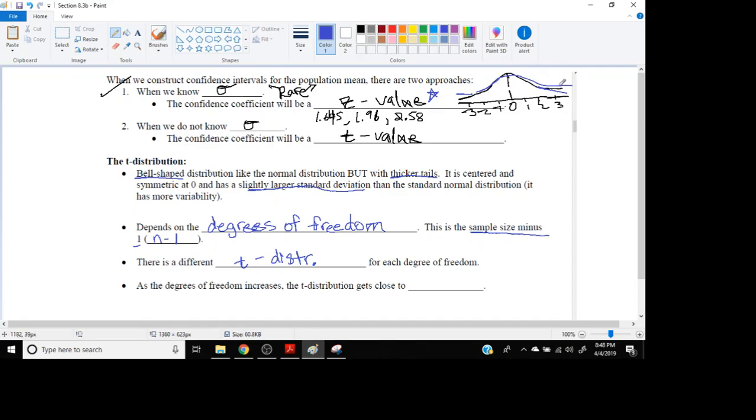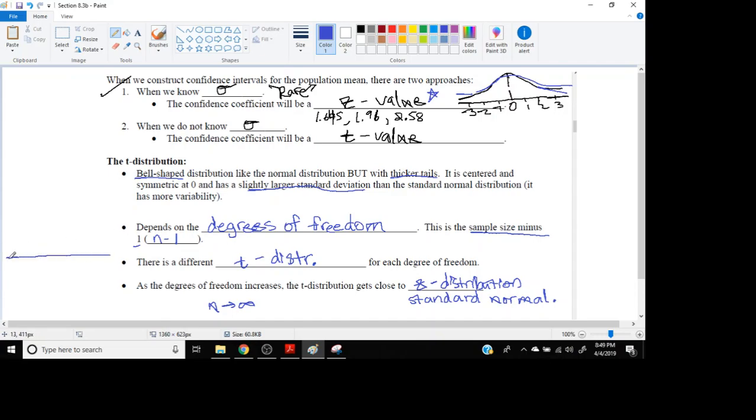The thing that relates this distribution to the Z distribution is that as the degrees of freedom increases, the T distribution gets close to the Z distribution. It becomes standard normal. And so as n approaches infinity, then the T equals the Z. So that's a couple of bits of information about the T distribution.